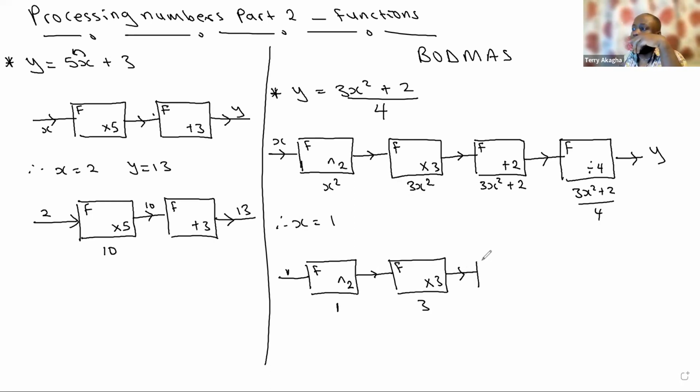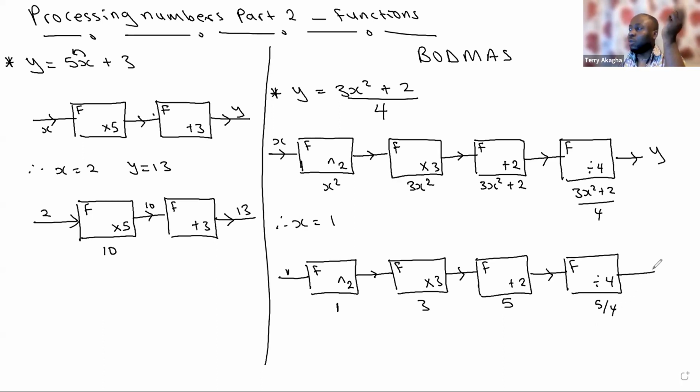So you have 3 and you add 2, and that gives you 5. Then this is going to be the input for the next one, where we divide it by 4. Is this making sense? And that will give you 5/4. So the output that we should be expecting for y is 5/4. As x is equal to 1, y is equal to 5/4. That is the answer for that.